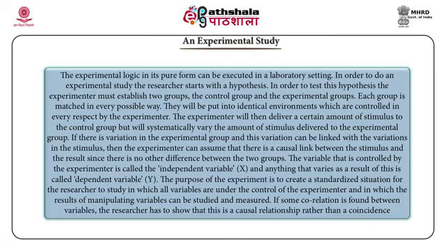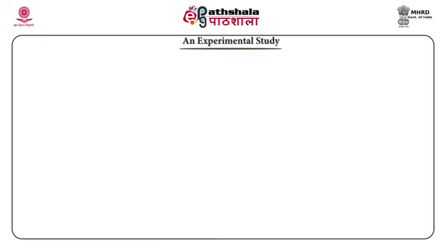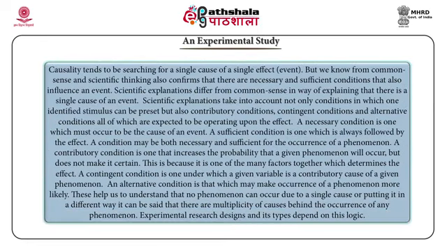The variable that is controlled by the experimenter is called the independent variable X, and anything that varies as a result of this is called the dependent variable Y. Causality tends to be searching for a single cause of a single event. But we know from common sense, and scientific thinking also confirms, that there are necessary and sufficient conditions that also influence an event.